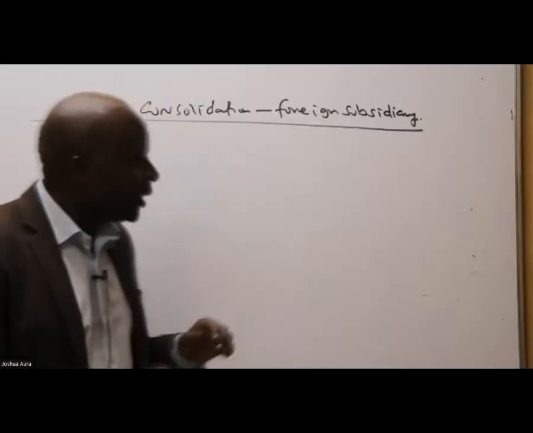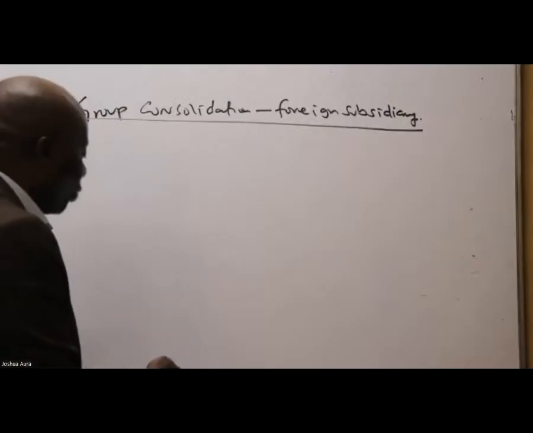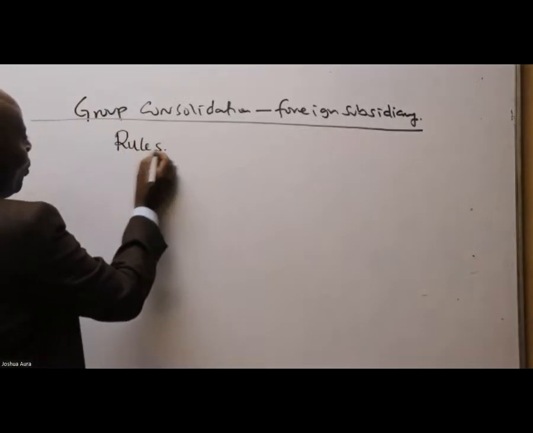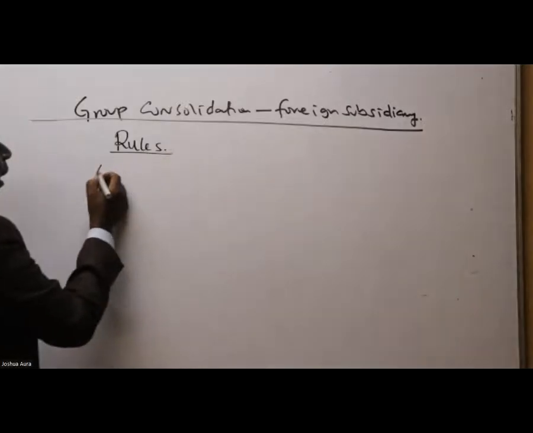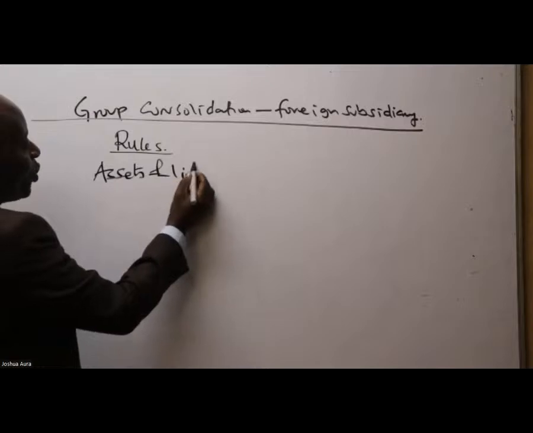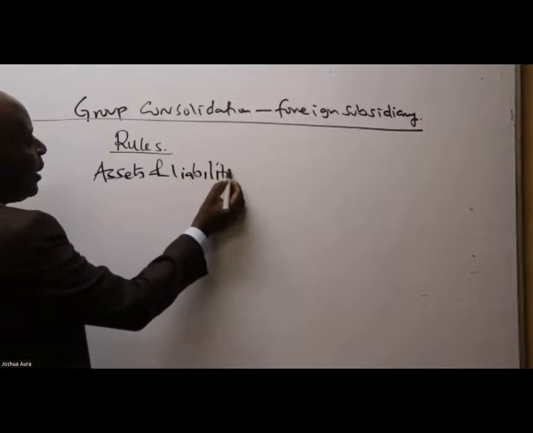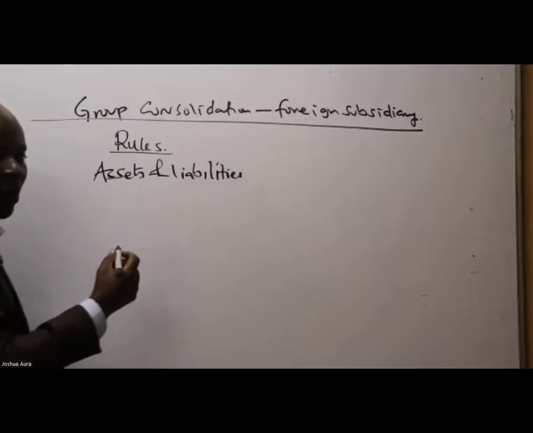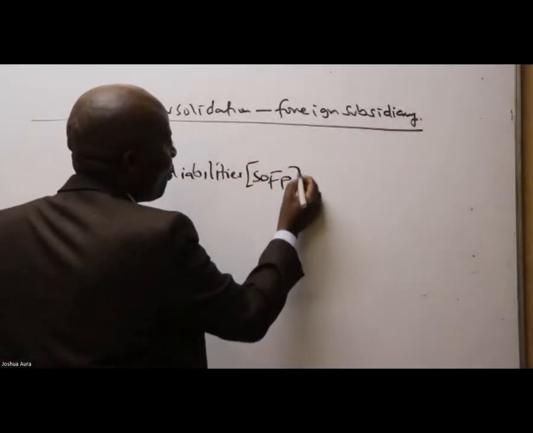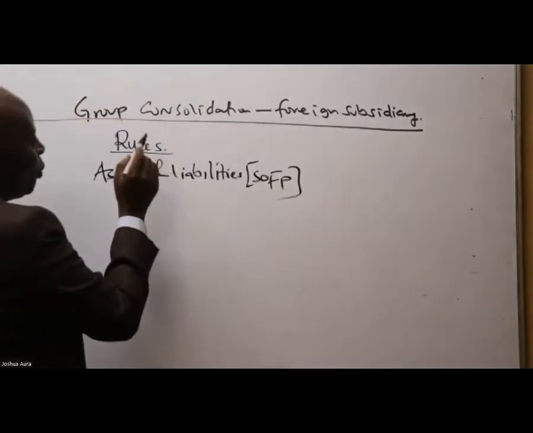Now, when we are translating, what rules are we supposed to remember? Basic rules. The basic rules is that assets and liabilities, where are these found? These are found in the statement of financial position. Remember, these are rules of translation.